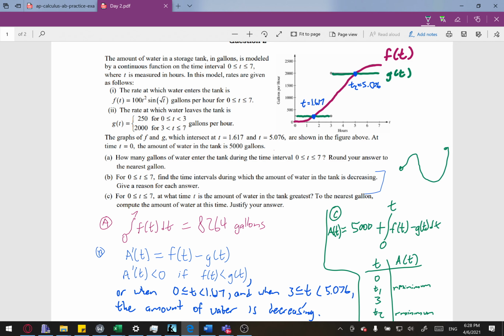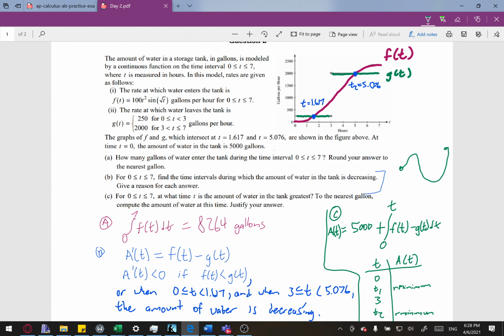Okay, so when t is less than or equal to 3, our amount would be our starting amount, or 5,000, plus the integral from 0 to t of f(t) minus g(t), which is 250, in terms of time.